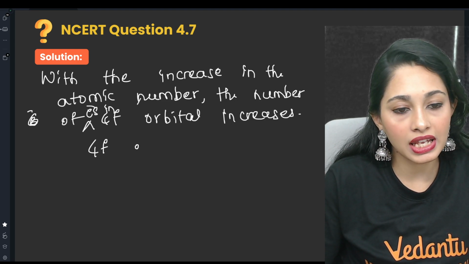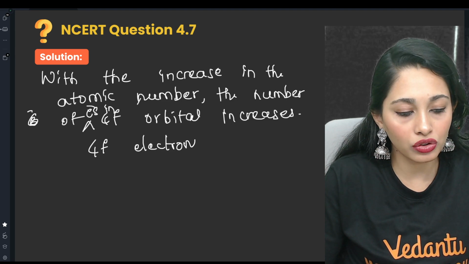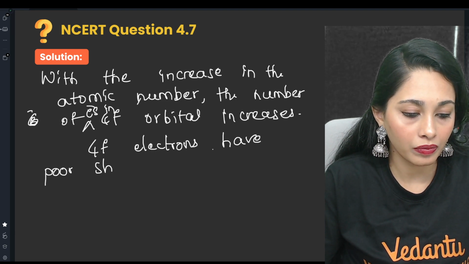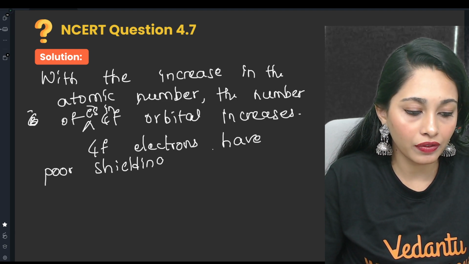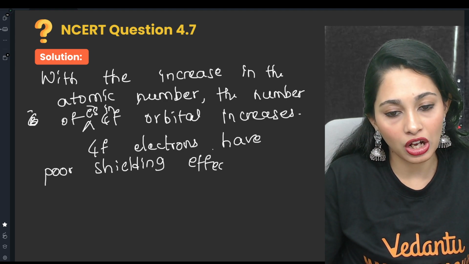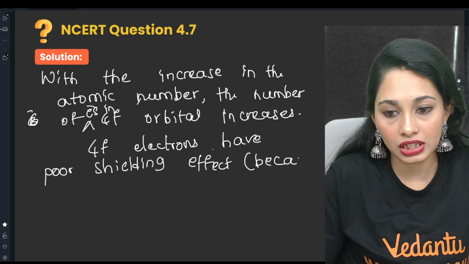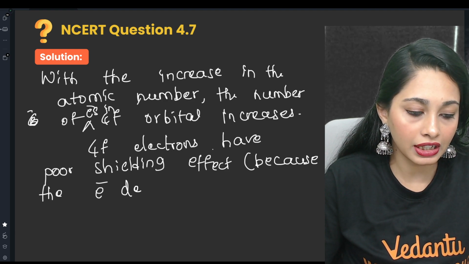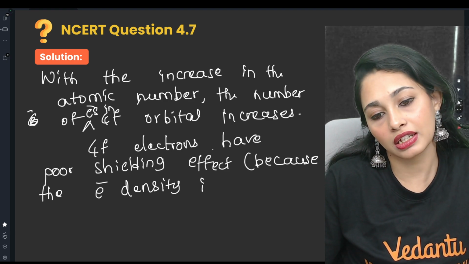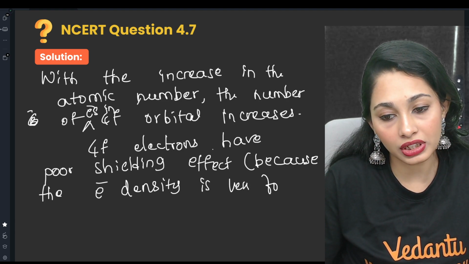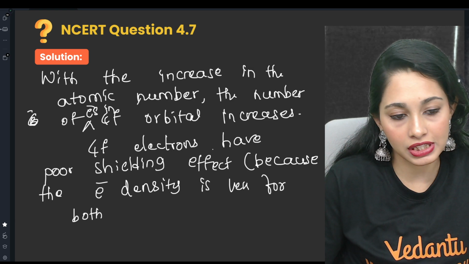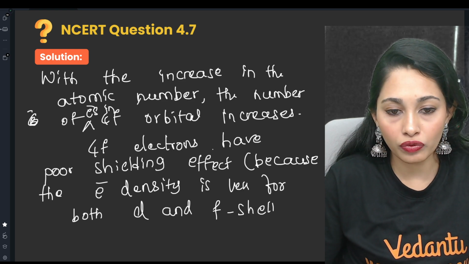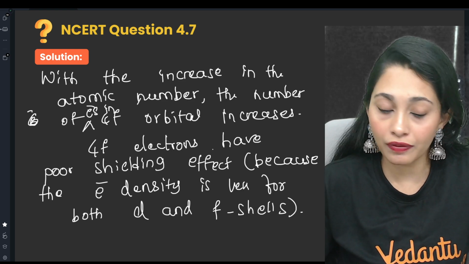And 4f electrons have poor shielding effect. Why? Because the electron density is less for both D and F shells. That's why 4f electrons have poor shielding effect.